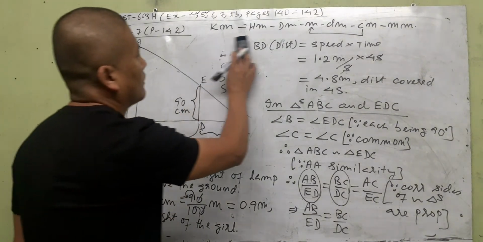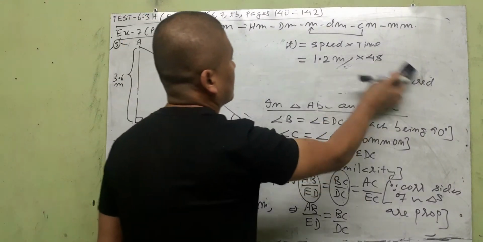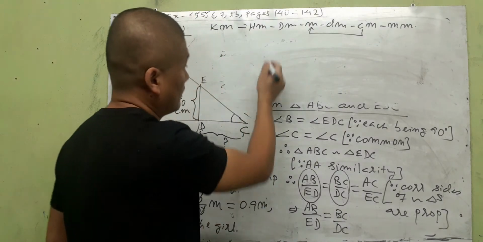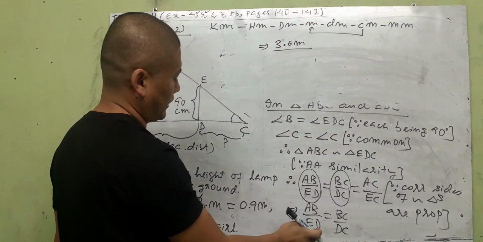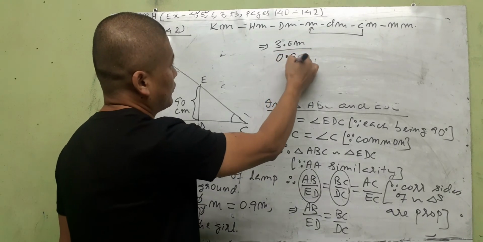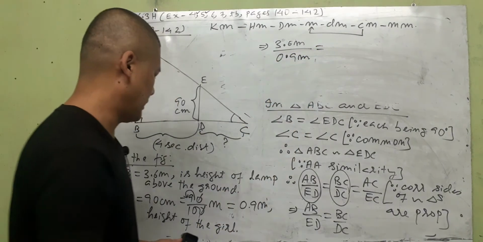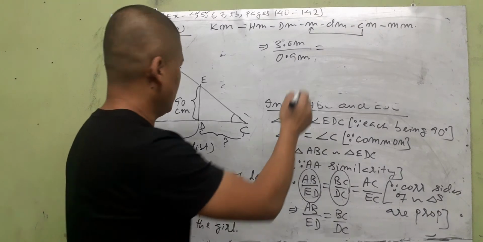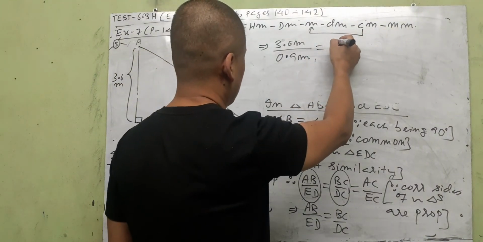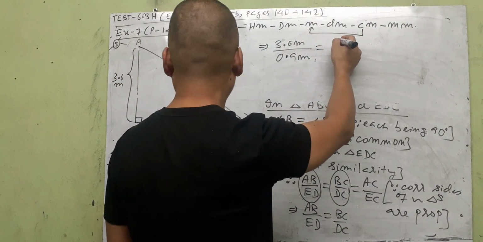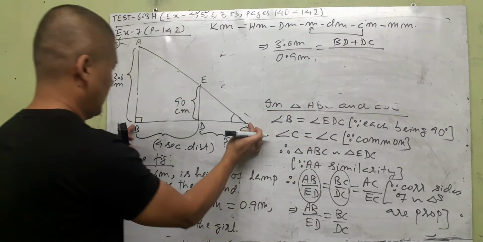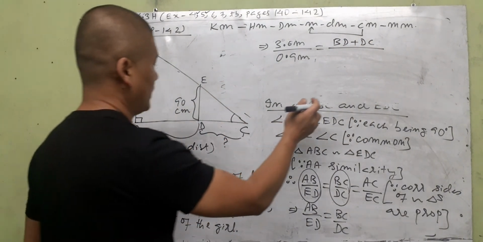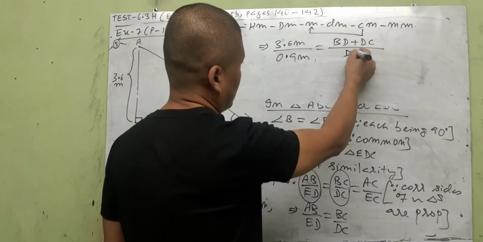Then you can just write here AB is 3.6 meter by ED is 0.9 meter. Both have to be in the same unit. BC we don't know, but BC is BD plus DC. You will agree that this is BD plus DC, and down here is DC.